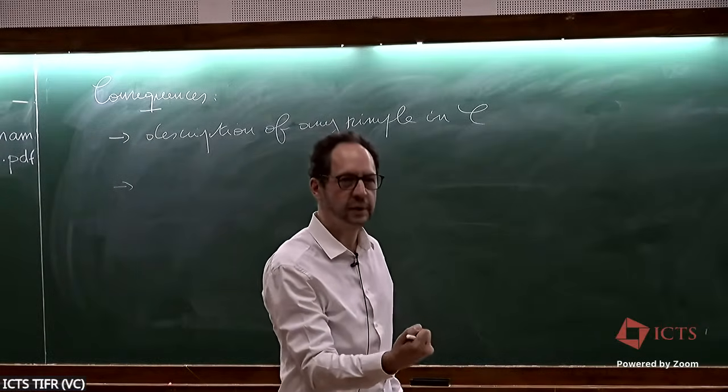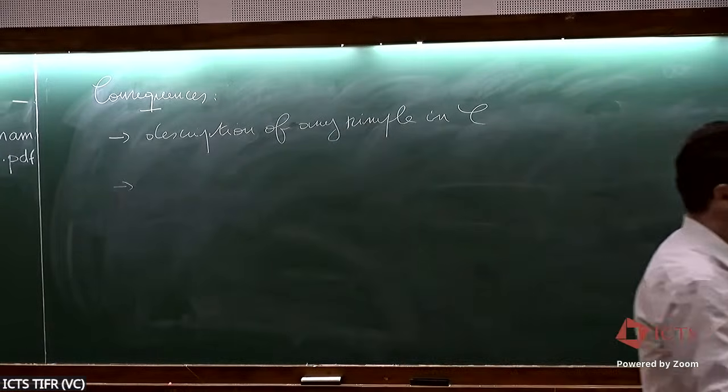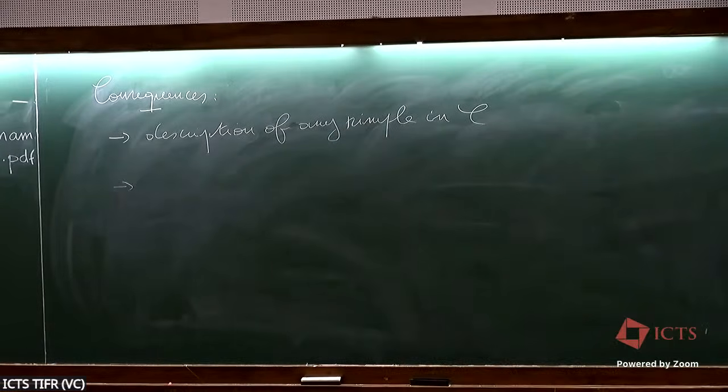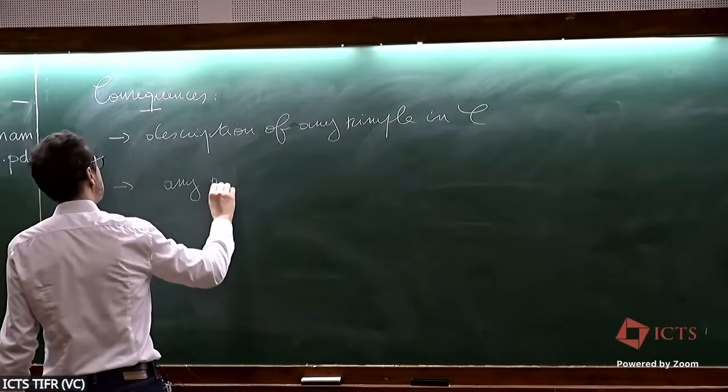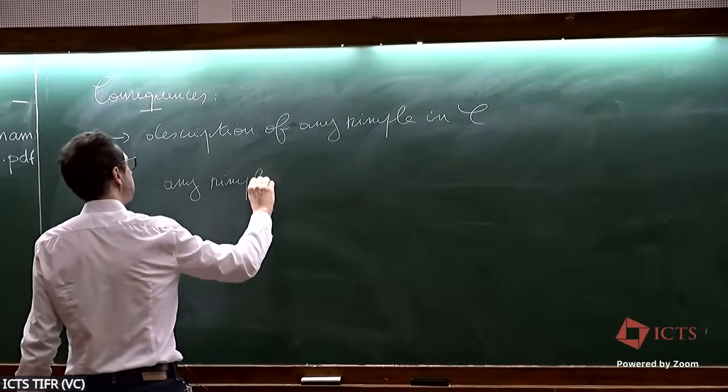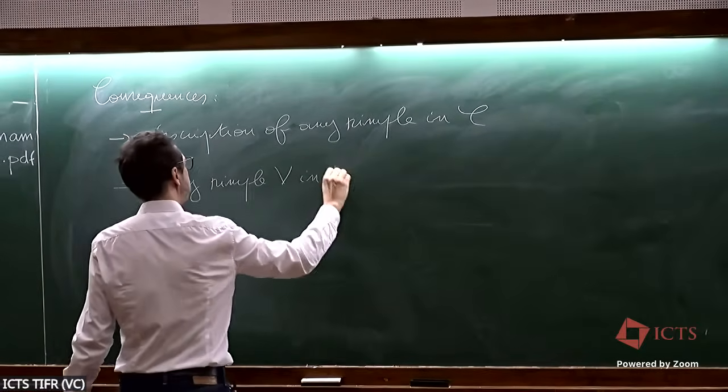So that's the first consequence. The second consequence is what we just discussed, that any tensor square of a simple module is still irreducible, because if you take a family of 2 segments in general position, and then you take again the same family, they are in general position to each other. So any simple V, C is real.